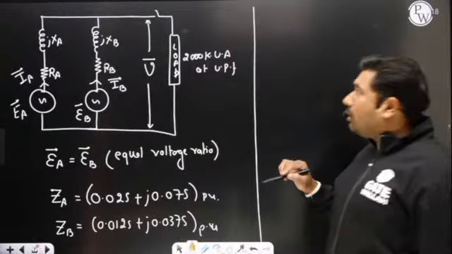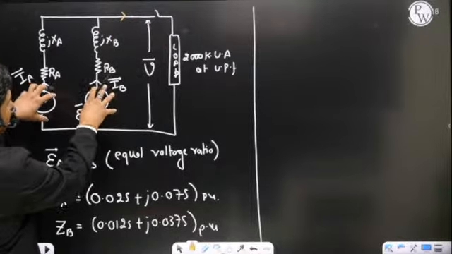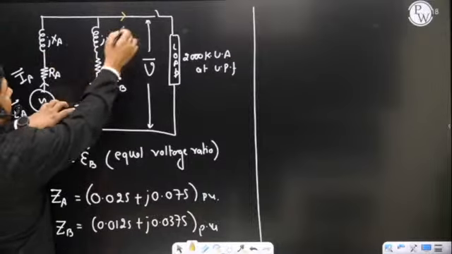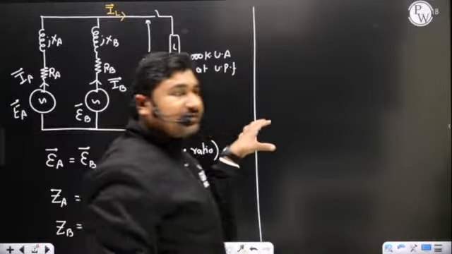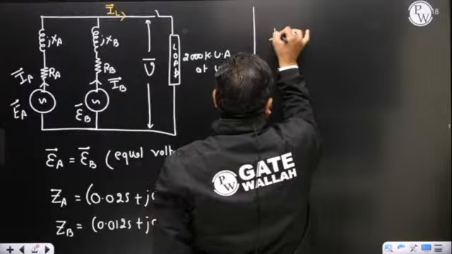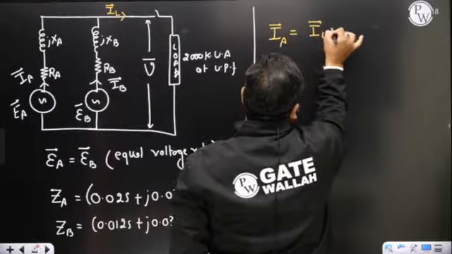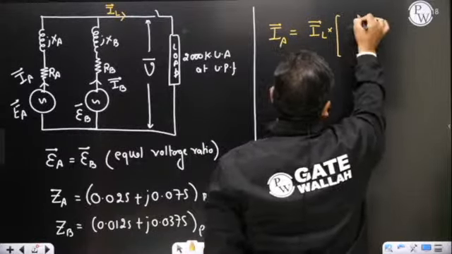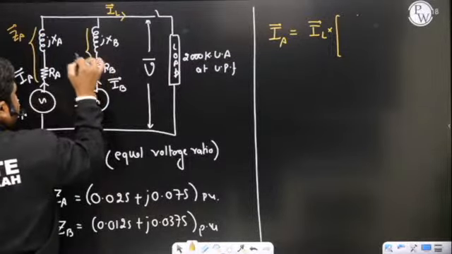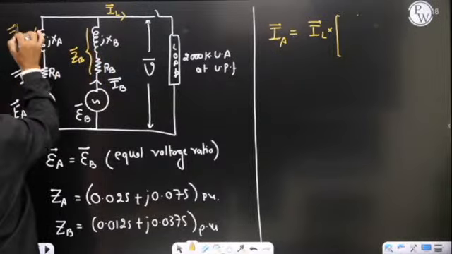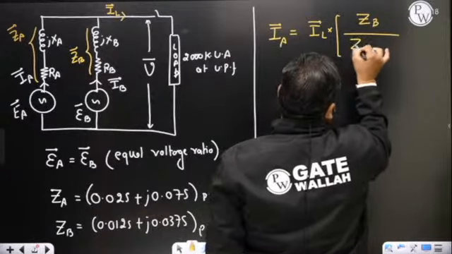If both are on the common base, then EA and EB are equal, so you can say a single voltage source with the two in parallel. Now we can easily identify the current delivered by each transformer by the current division rule. Current delivered by transformer A will be IL into ZB upon ZA plus ZB.